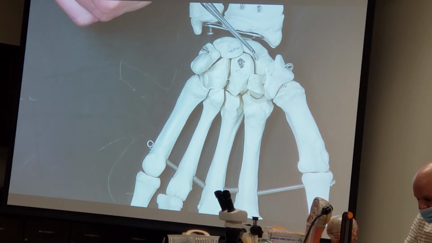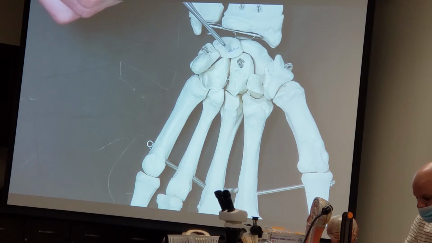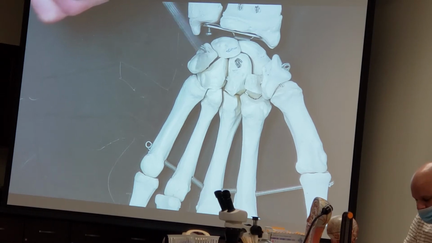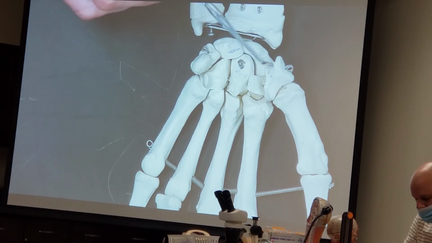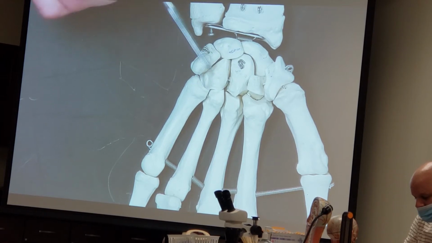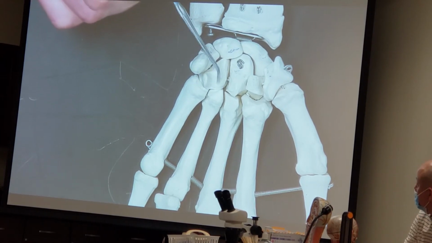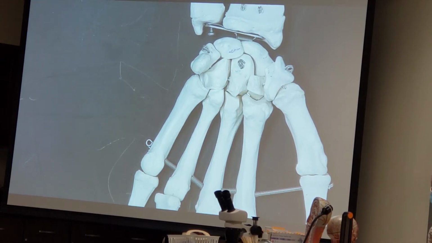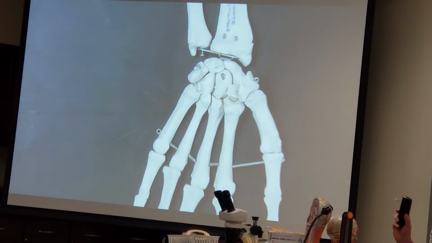So scaphoid, lunate, triquetrum, pisiform, trapezium, trapezoid, capitate, and hamate for the carpals.